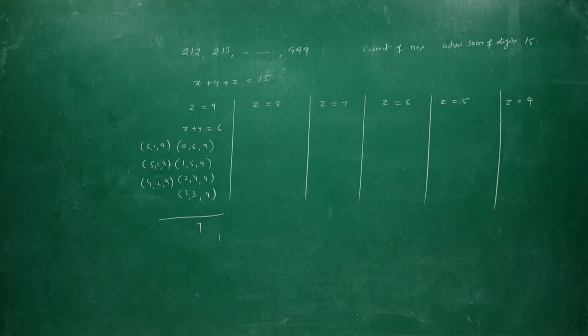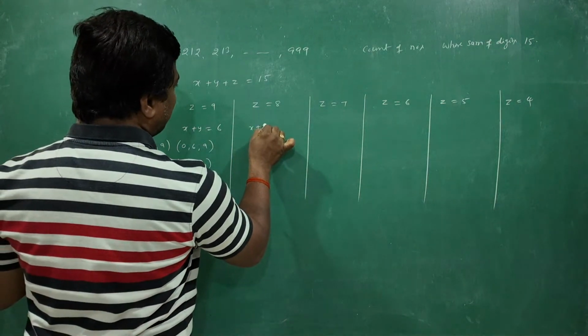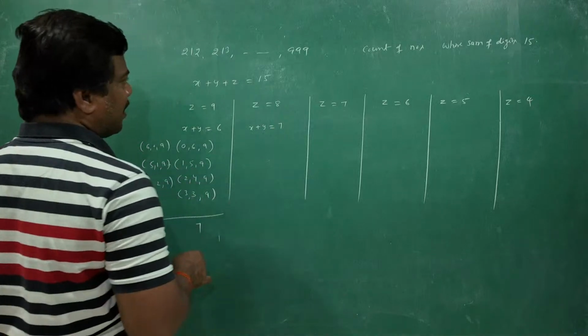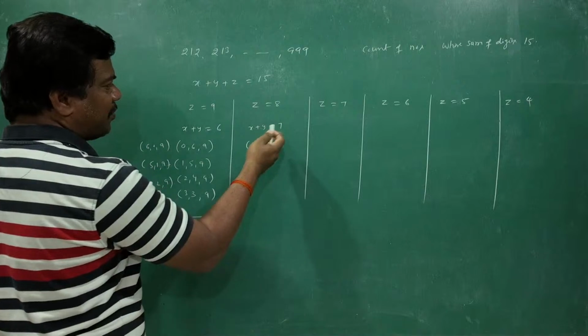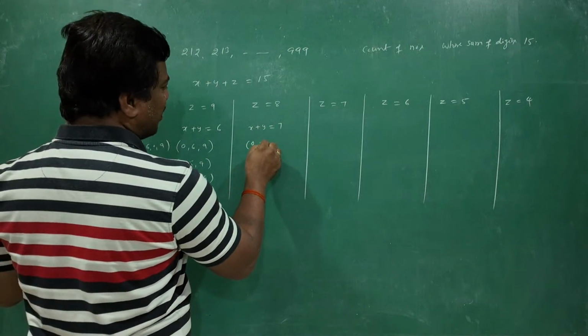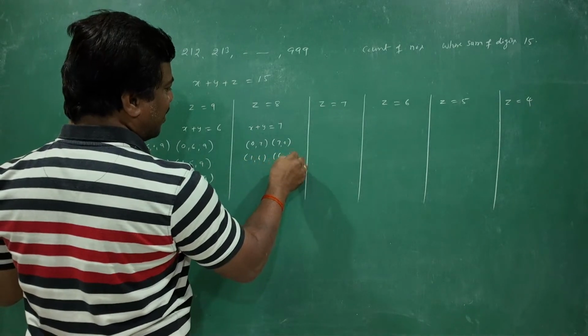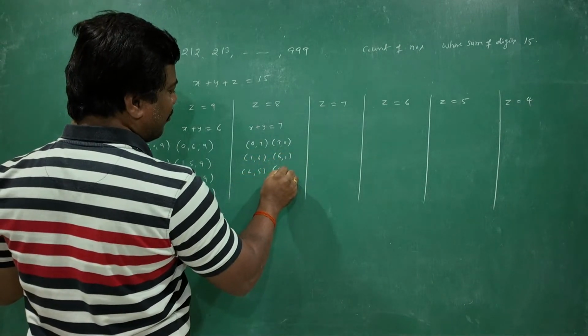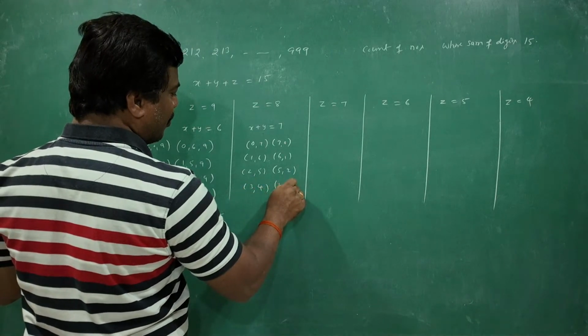Next case, if you write z value 8, then x plus y becomes 7. So for the xy combinations it is enough to write 0, 7, 7, 0, 1, 6, 6, 1, 2, 5, 5, 2, 3, 4, 4, 3.